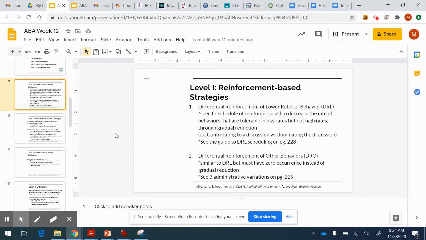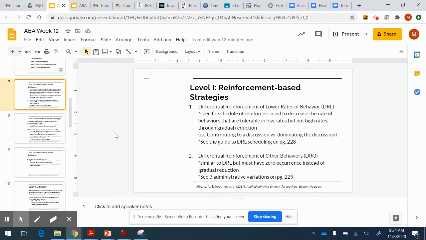One that stuck out to me was the difference between a student contributing to a discussion in class, which is something we want them to do, we want them to participate, we want them to contribute, versus dominating a discussion. So if a student is asking all of the questions, providing all of the comments, blurting out to share, if they're oversharing and over discussing and over contributing in class, then that would be a behavior that we would want to reduce.